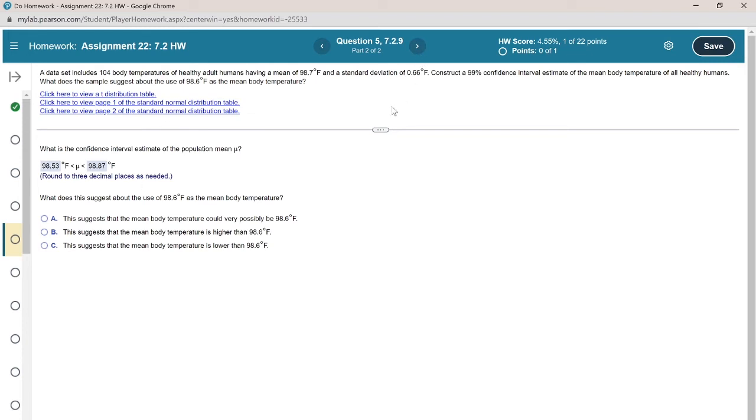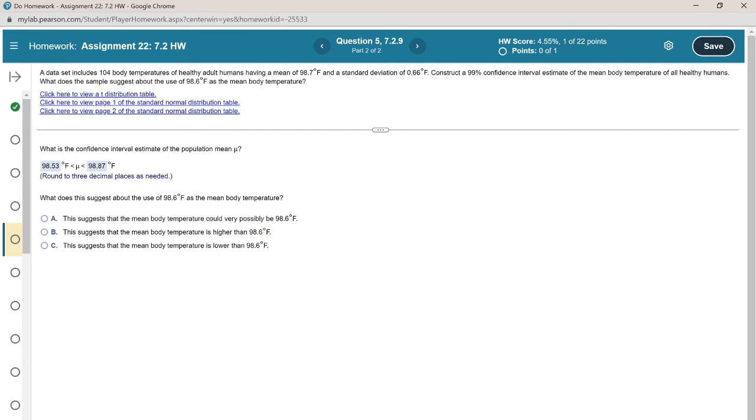As you can see here, we have a 99% confidence level that the mean would be greater than 98.53, but if we choose 98.6 as the mean, then this suggests that, what is that? This suggests that mean body temperature is higher than 98.6.